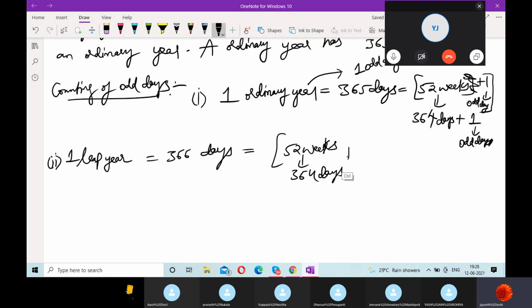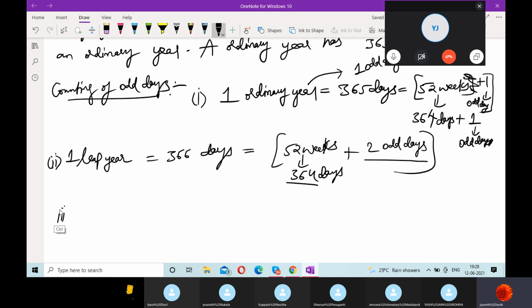So how many odd days are left over here? 2 odd days. After the 52 weeks made up of 364 days, the additional days above this would definitely be the odd days, which I have written here. Please make a note of this.